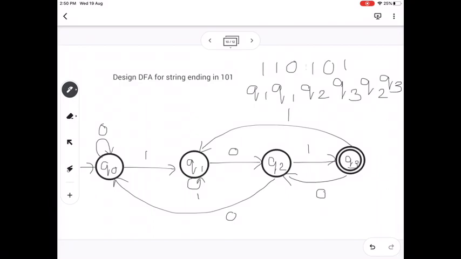So I am in my final state. Okay, if this last one would not be there, what would happen? I would remain in the Q2 state, which is my non-final state. So I can say my string is rejected, if it is not ending with 101. Okay, so I hope it was clear to all.